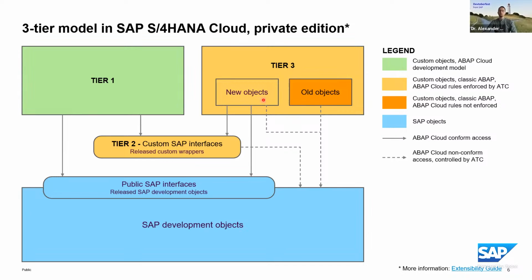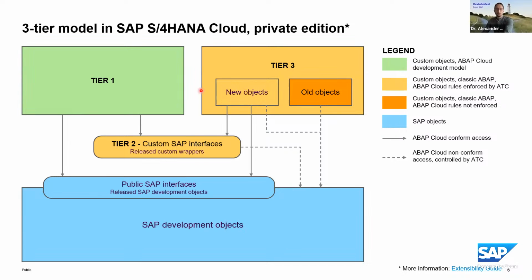And only if that doesn't work out, then of course you can also access non-released SAP development objects. And also for the development of these objects themselves, we have once again ABAP Test Cockpit checks around that help you to develop them in an ABAP Cloud conform way.